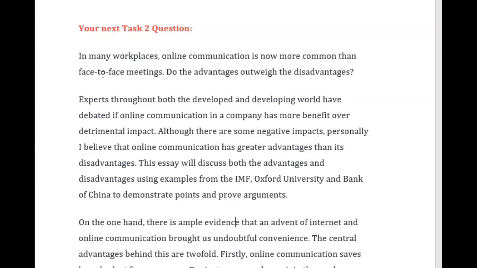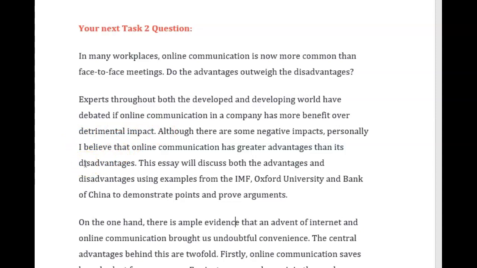So you need to have some sort of reference to face-to-face meetings in your paragraphs, even if it's just to, at some point, make some sort of comparison. Okay? For example, you could say that online communication allows us to do X, Y, Z. This could not be possible with face-to-face meetings.